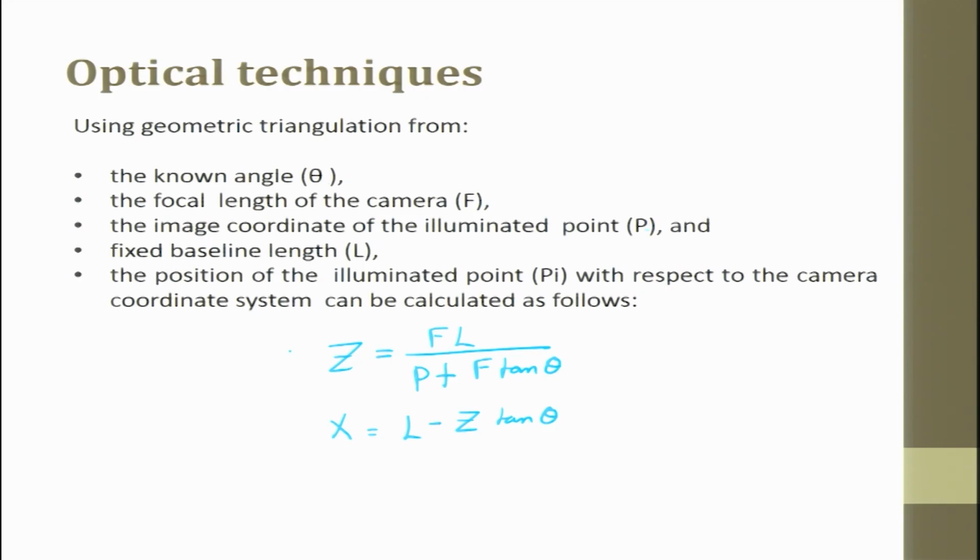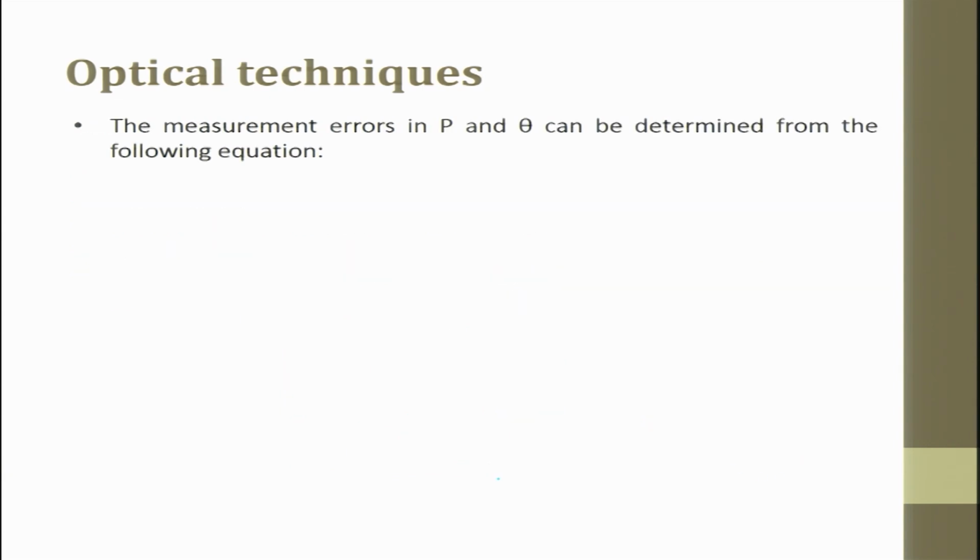By using this formula, we can use the triangulation technique and try to find out the coordinates. The error in P and theta can be determined from the following equations.